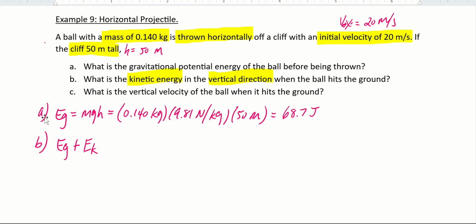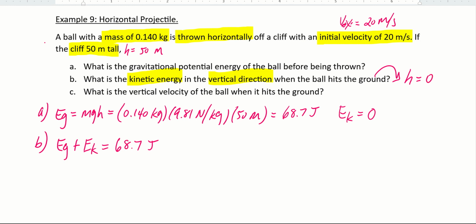So I know that in A, my initial velocity in the y direction is 0. So before the ball is thrown, my kinetic energy is 0 in the vertical direction. So I know that EG plus EK is 68.7 plus 0. So this has to be 68.7 joules. When the ball hits the ground, at the ground, my height is 0.